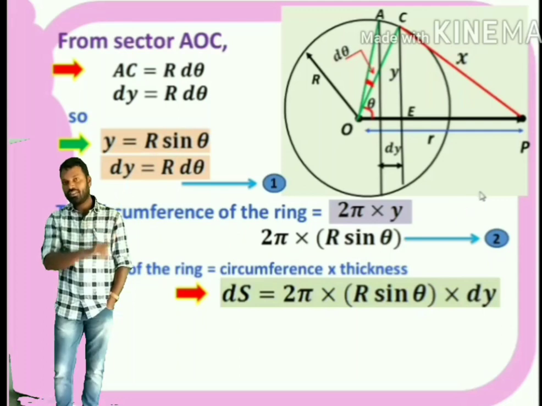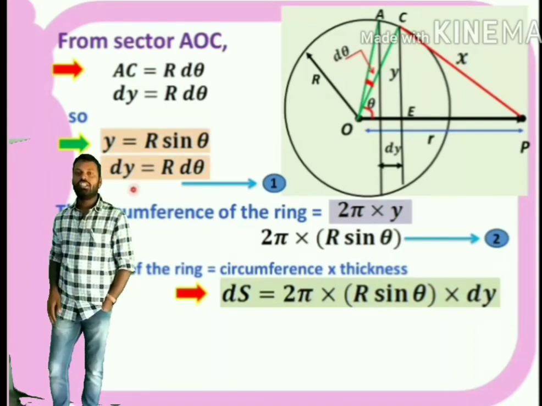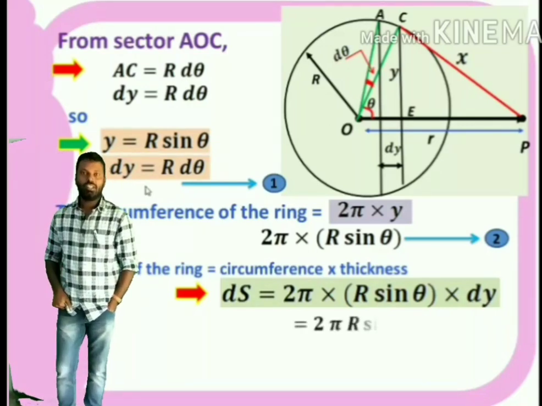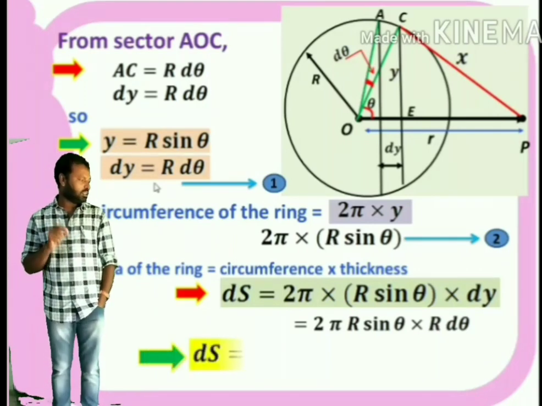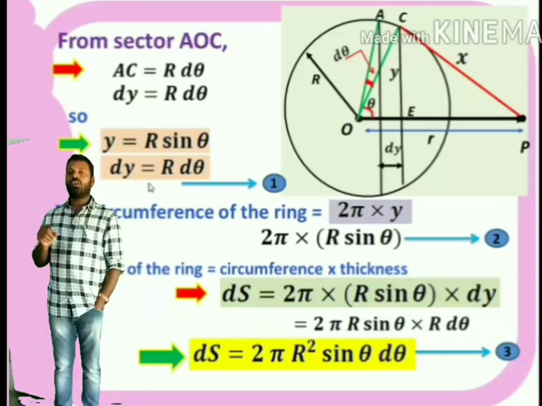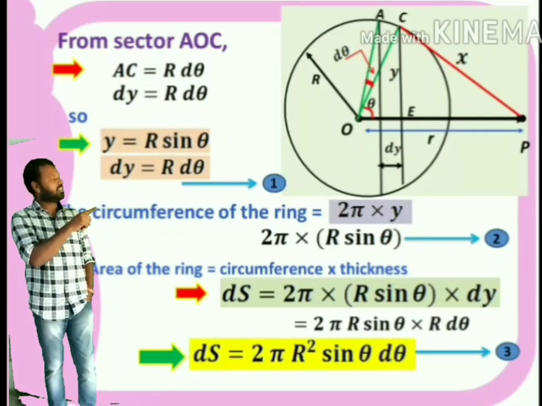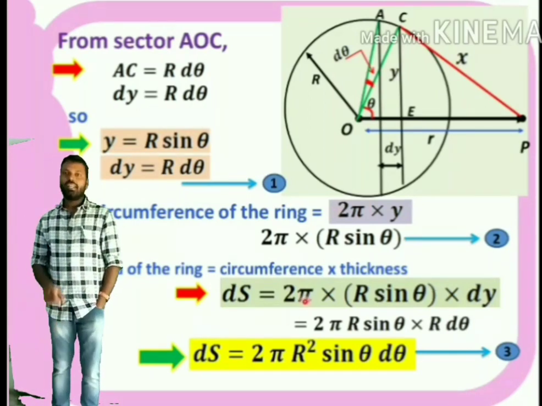But actually what is dy from equation 1? R d theta. If I substitute that one, 2 pi R sin theta into R d theta. Now what I will get? ds is equal to 2 pi R square sin theta d theta. This is equation 3. So what I found right now? Radius of the ring, thickness of the ring, circumference of the ring, now area of the ring.